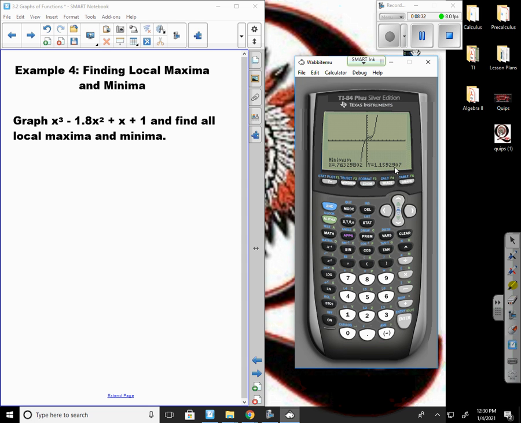It says 2907, but that's just because it hasn't rounded it yet. So that gives me my local min here. And then I can do the same thing with the max. Second calc, go down to max, and I'll trace the same area. I don't want to go up where it starts going up on this curve though, because that'll give me a max there. And so then there's my local max.